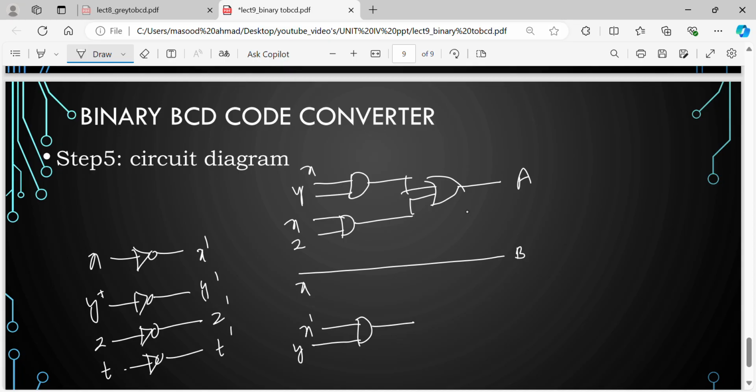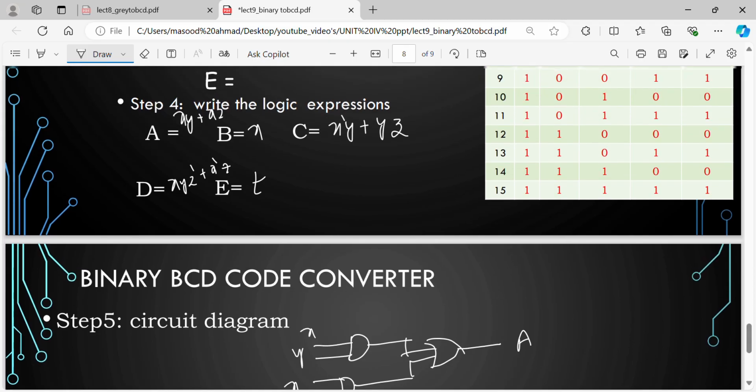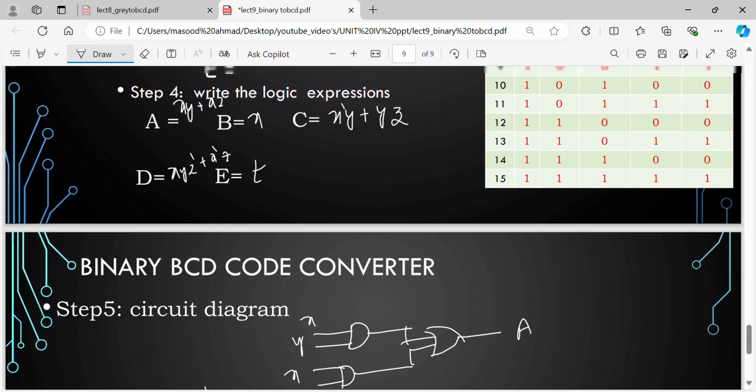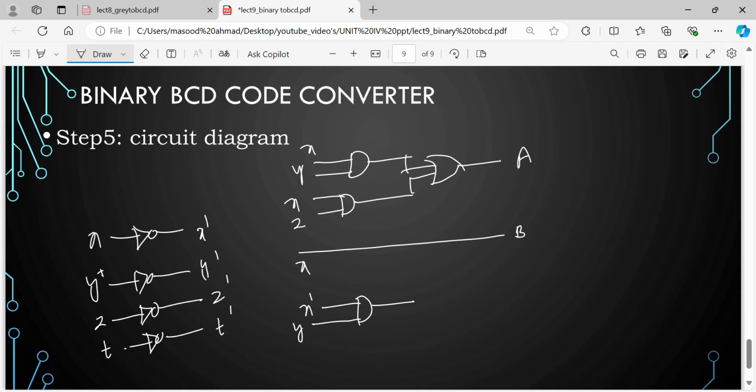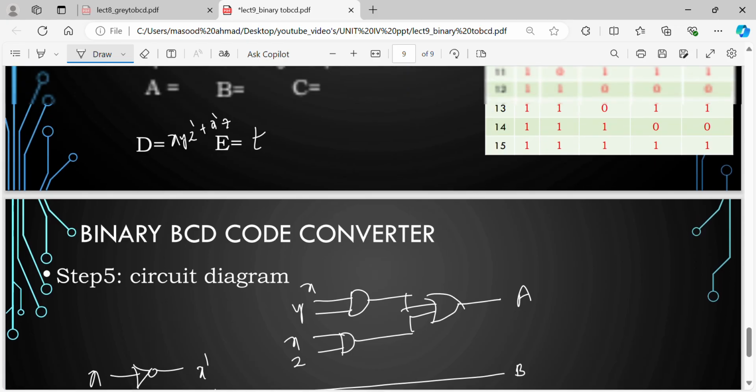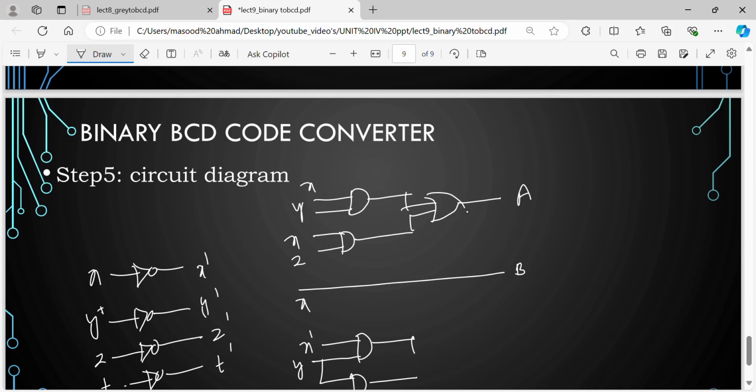I am assuming that X bar is available; otherwise I need to show one inverter there. Either way is possible. For the C part, X bar Y, then YZ: take Y and Z, give them to the AND gate, then OR them, and you get C.